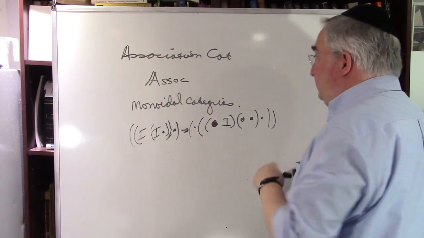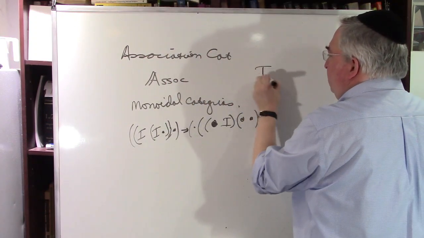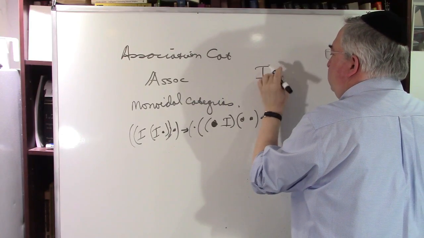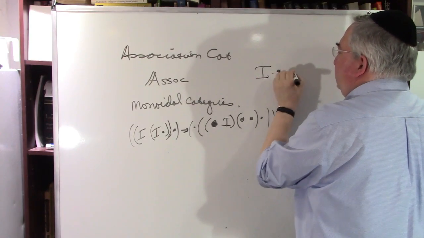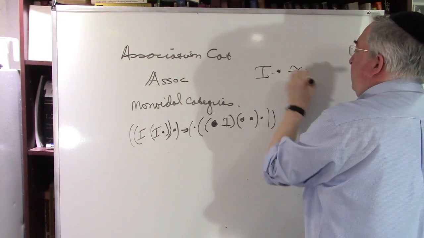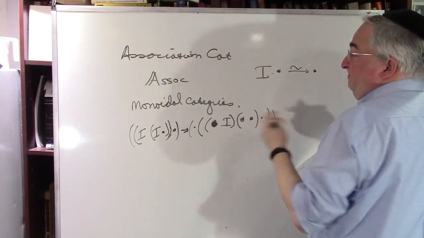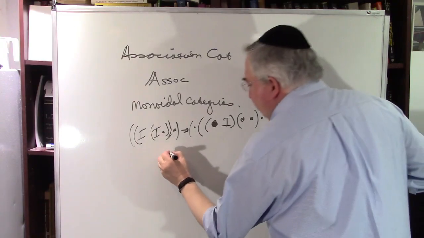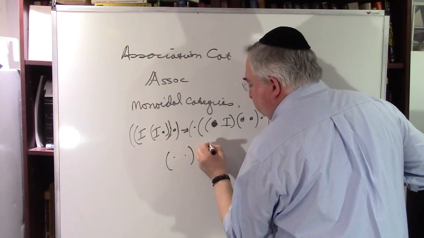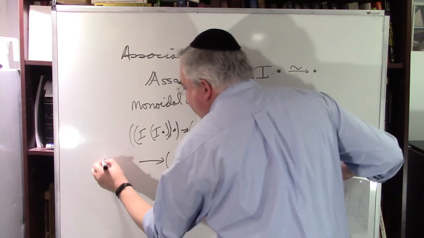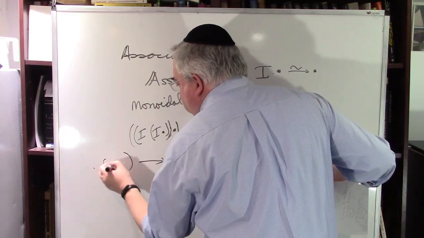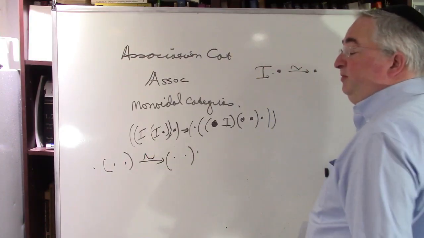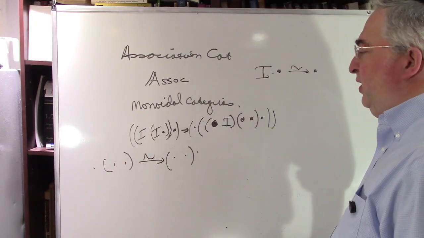This is going to have a single identity morphism to this. So that's the unit. This is going to have a single isomorphism from here. There's one morphism there, there's one morphism there. So this satisfies.